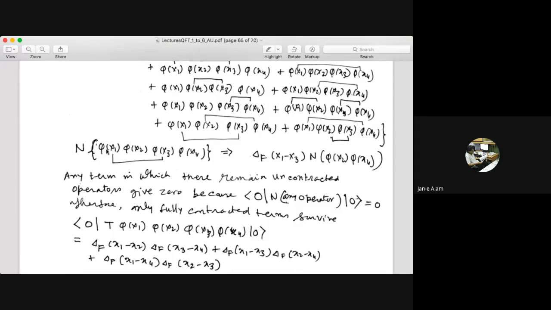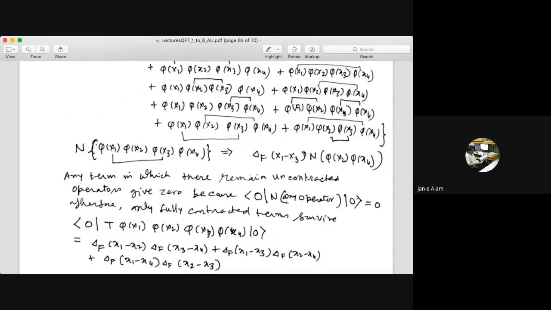Like in this uncontracted term, 1 and 3 you have contracted, so that will give you a Feynman propagator x1, x3. And what does it mean? That a particle propagates from x3 to x1. It can also propagate from x1 to x3, because the Feynman propagator contains the time ordering, both y to x and x to y.